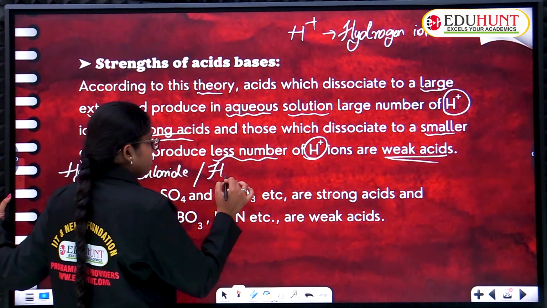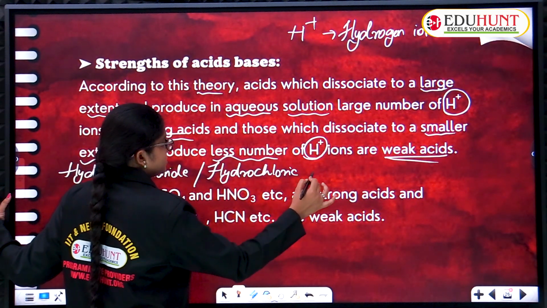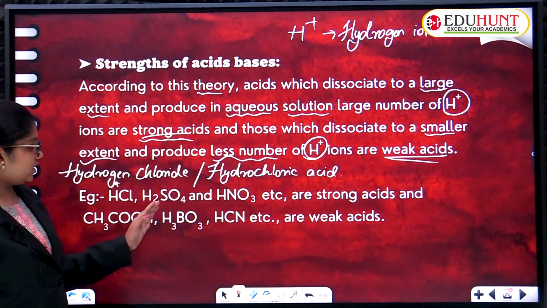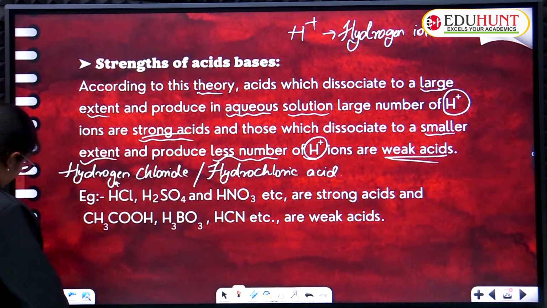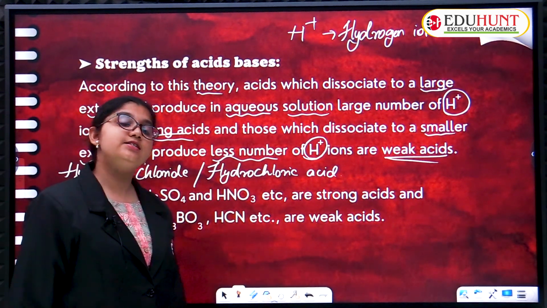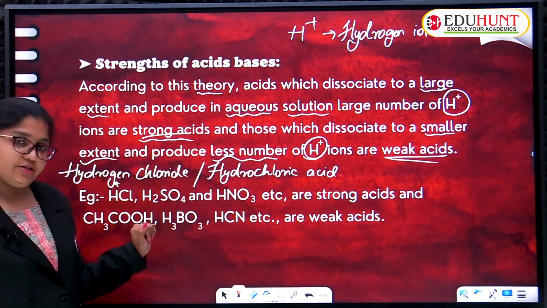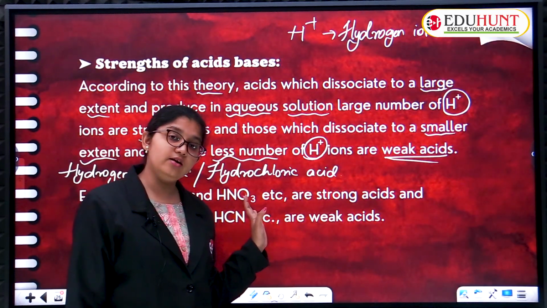Hydrogen chloride or hydrochloric acid. Very good. Next one, H2SO4 is named as sulfuric acid or hydrogen sulfate. And HNO3 is nitric acid or hydrogen nitrate.